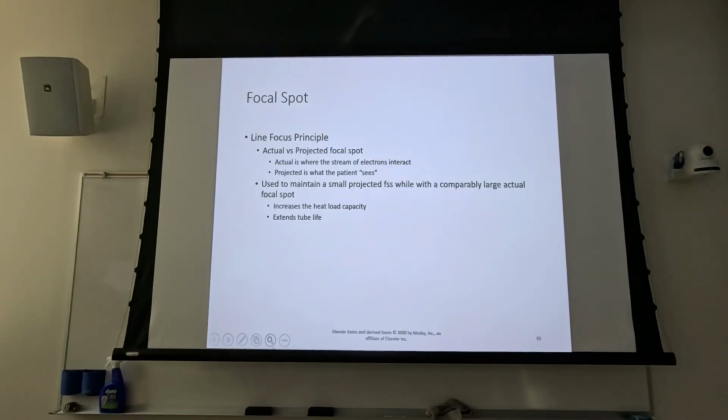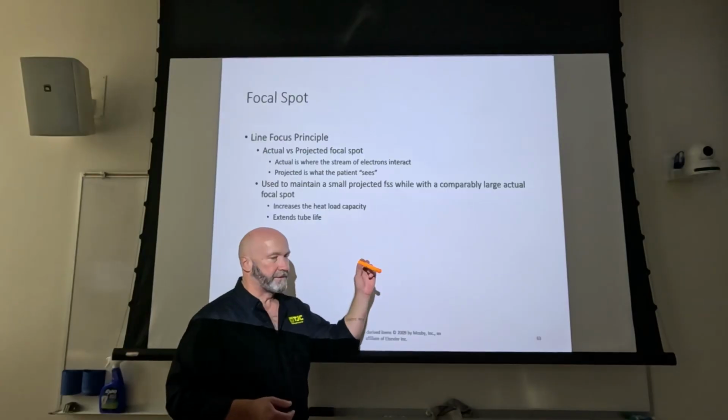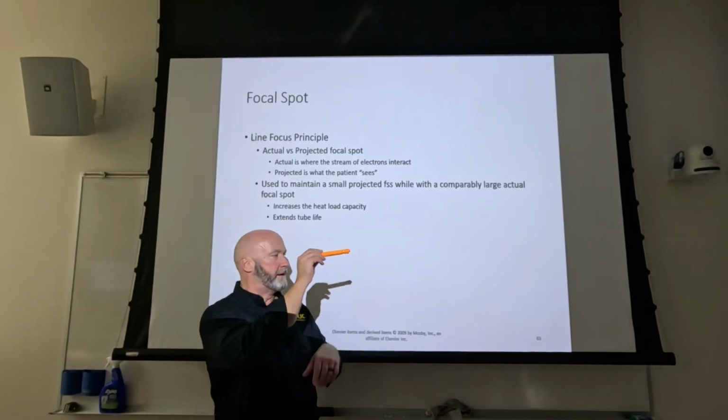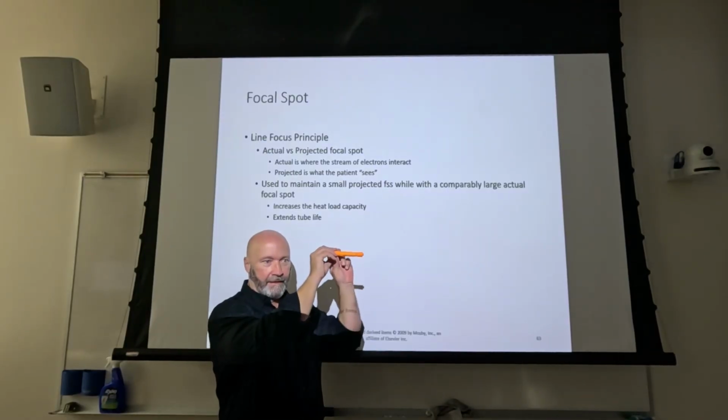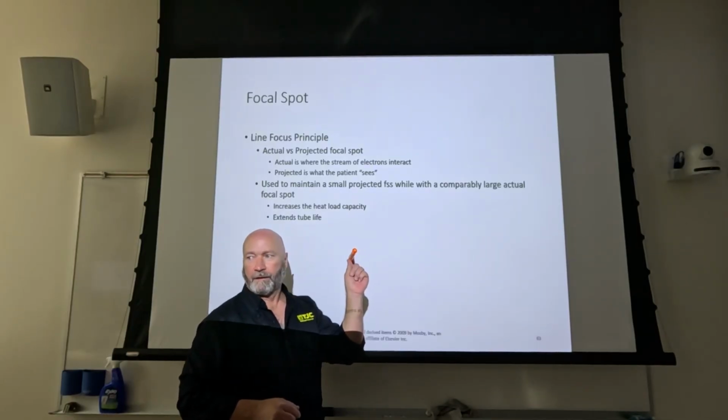The actual focal spot is where the electrons hit the anode, as opposed to if the patient could see up into the X-ray tube, then what they would visualize is the angulation. So, you know, if you were looking directly on something, it'd look that big, as opposed to if it was angled, it would look significantly smaller.